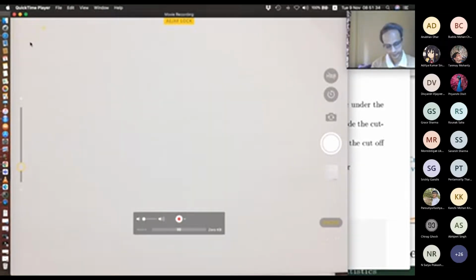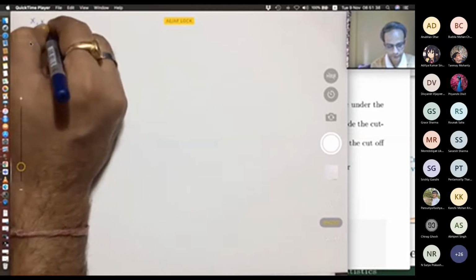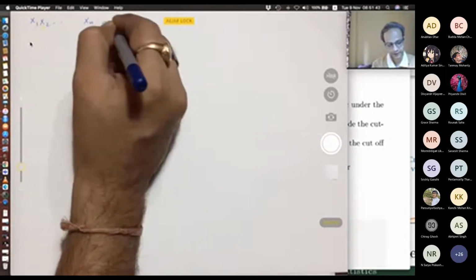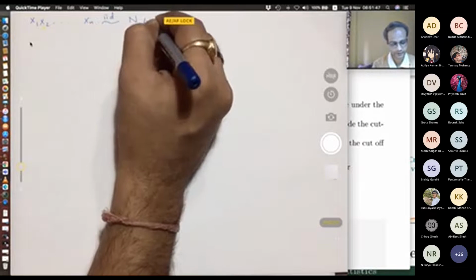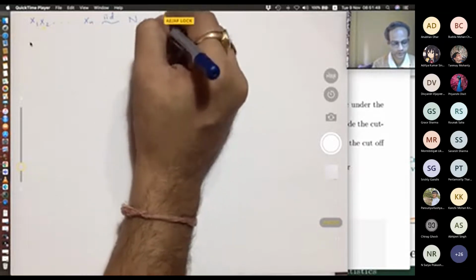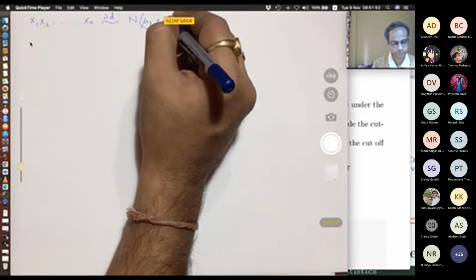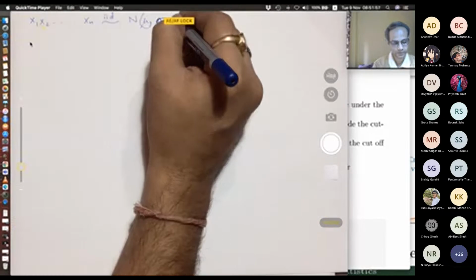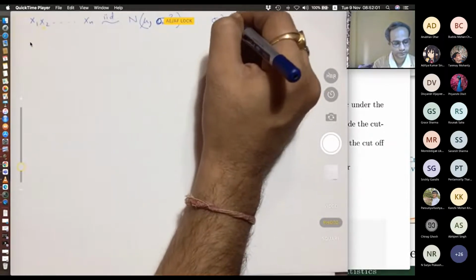Suppose X1, X2, ..., Xn are an IID random sample. I'm considering the simplest situation, normal mu, sigma naught square, where sigma naught square is known.